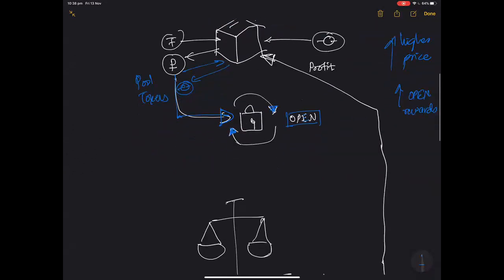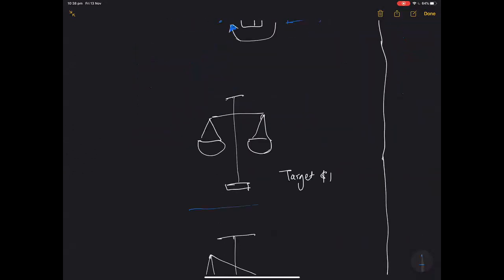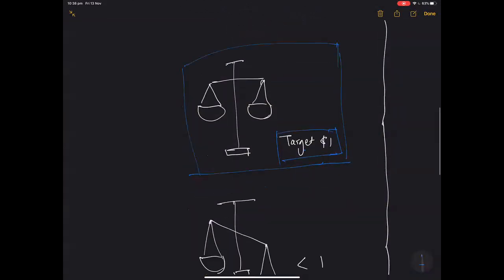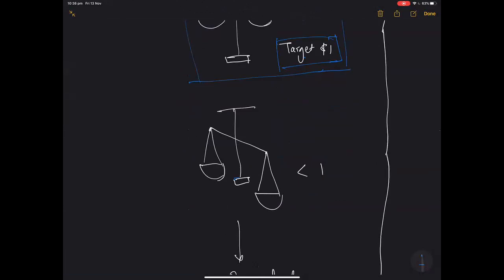Now, technically, the token can also get listed on Uniswap or any other DEX or even a centralized exchange. And let's say our target is $1. Our target can obviously be much higher, but let's say for an abstract example, it's $1. Now, let's say market forces mean that the price comes down below $1.